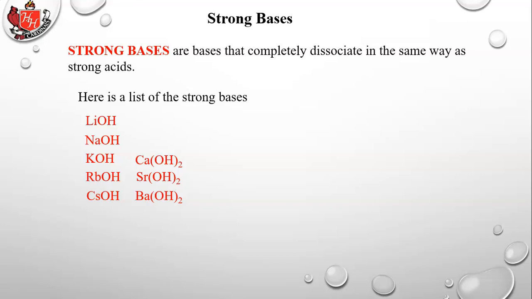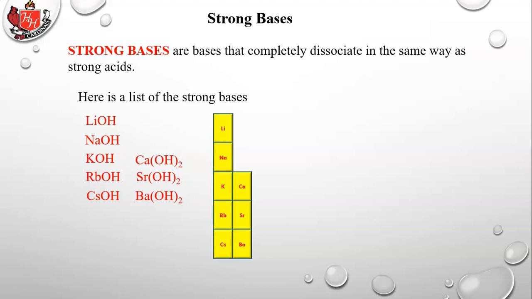One thing you'll notice that all strong bases have in common is that they all contain a hydroxide. That's the Arrhenius definition of a base. You look at the formula and you see OH in it. You also see that they all contain either alkali or alkaline earth metals, ionically bonded to those hydroxide ions.